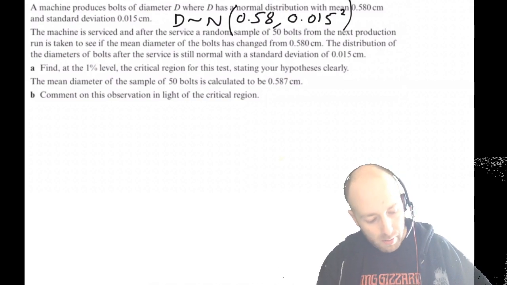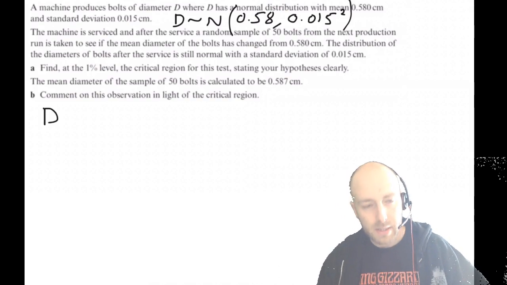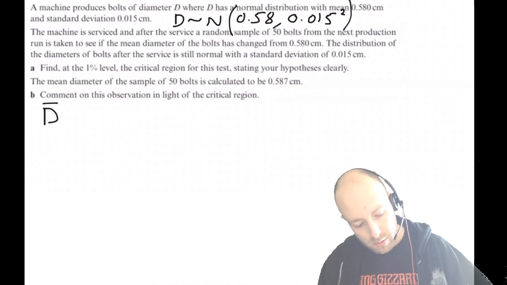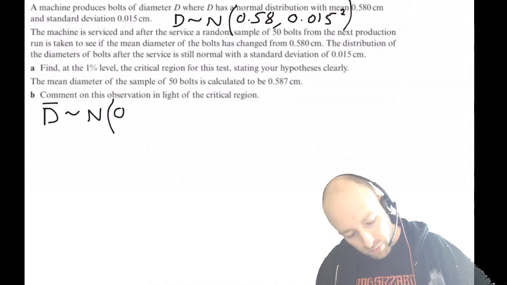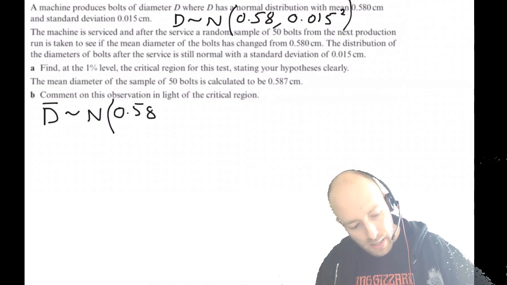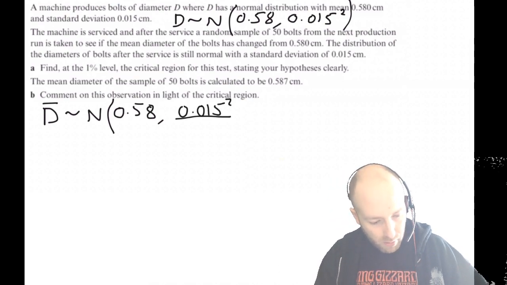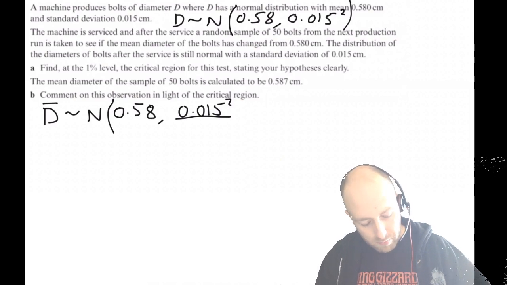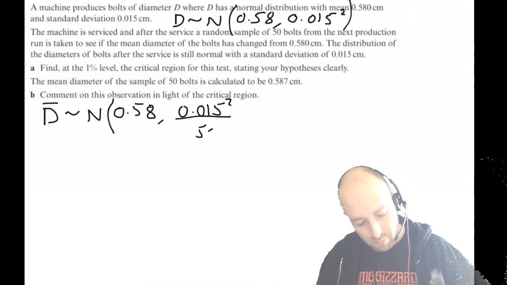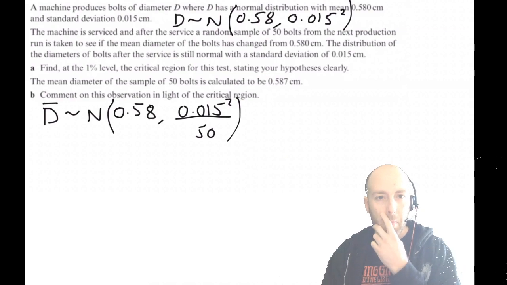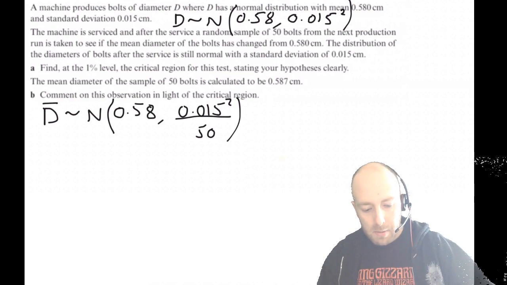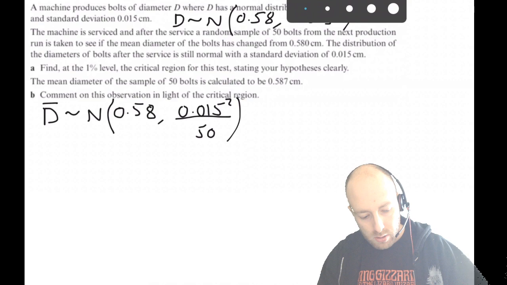So my sample means should also be normally distributed, with the same mean, 0.58, and a standard deviation of 0.015, squared for the variance, over the number of samples, 50. And it says this time we're trying to see if the mean has changed.